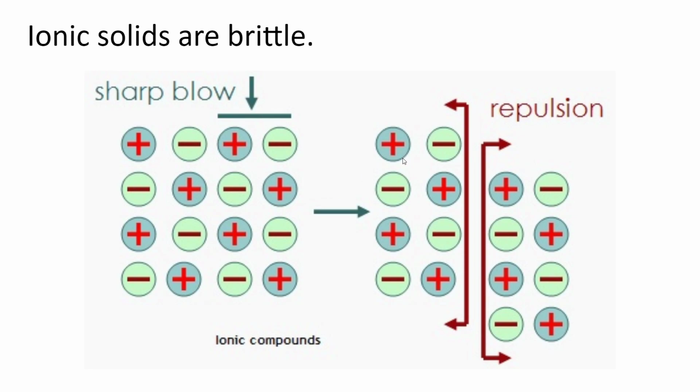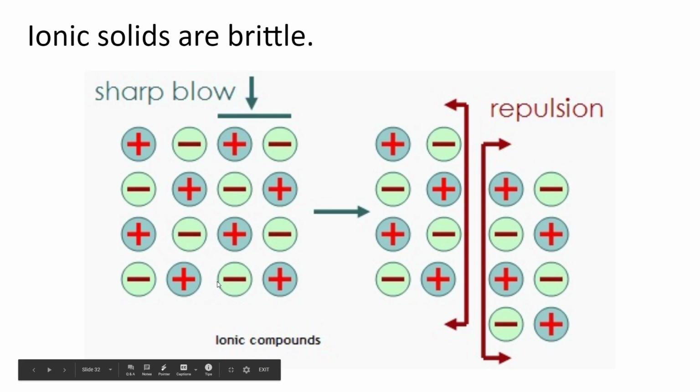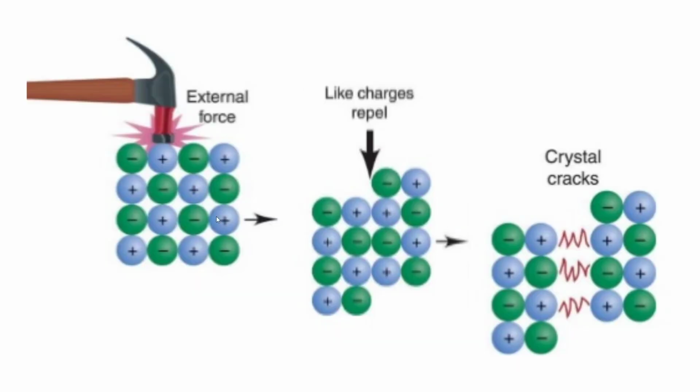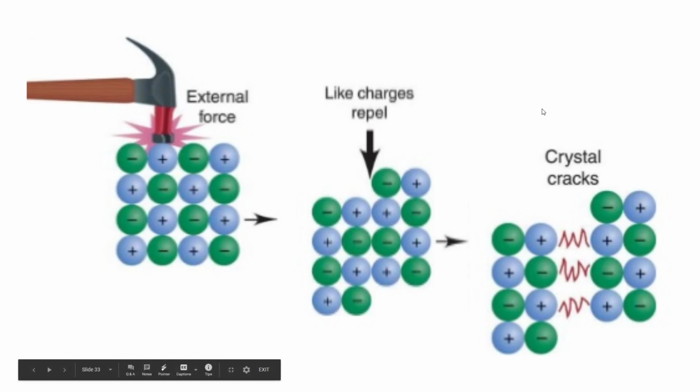Same thing is happening here. When these charges line up, because you hit it with a hammer with a sharp blow, they repel, and the crystal splits apart. The lattice is broken. It's still 2 solids. You've turned one solid into 2 solids, so you're not melting it, you're breaking it apart. Hit it with a hammer, like charges repel each other, and the crystal cracks. It's brittle.